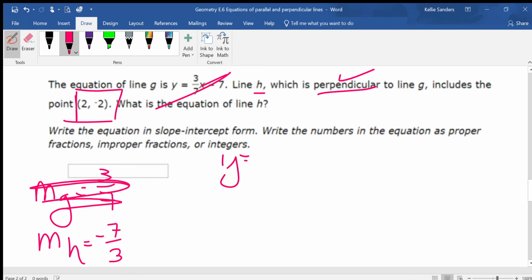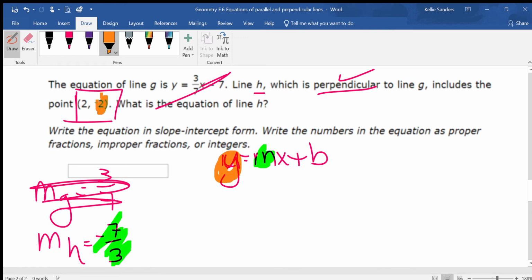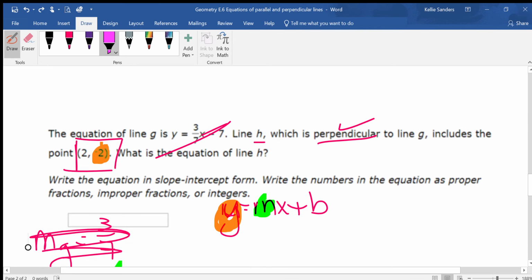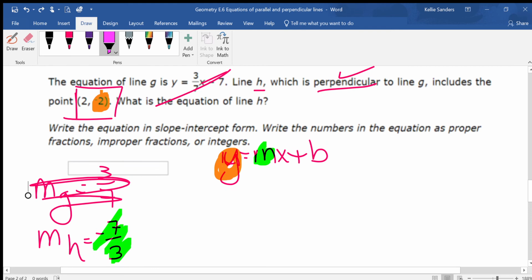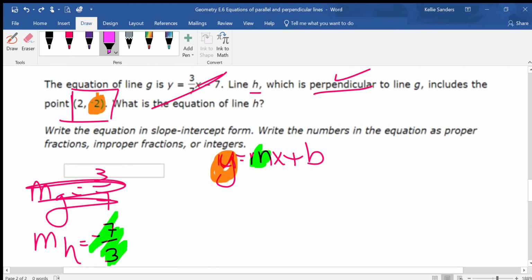So y equals mx plus b. And do some colors. Here's our m. Here's y.